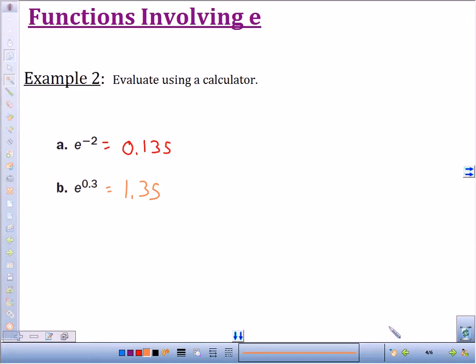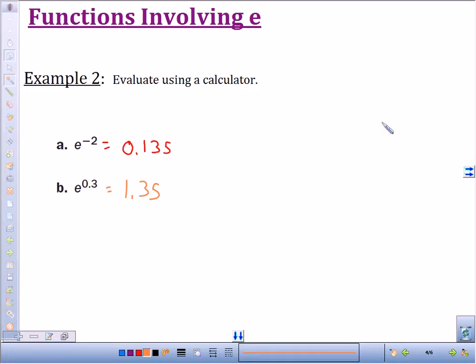The last thing that we're going to really be concerning ourselves with E is a compound interest formula. We've seen compound interest formulas when we compound the interest daily or quarterly or monthly or yearly or something like that.